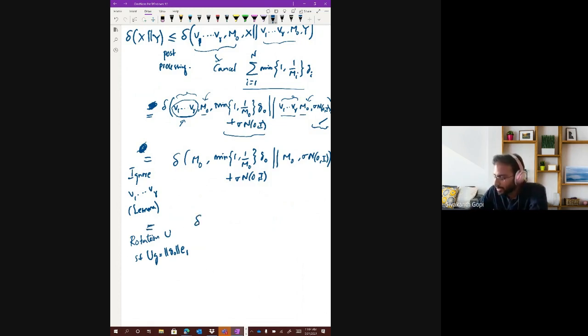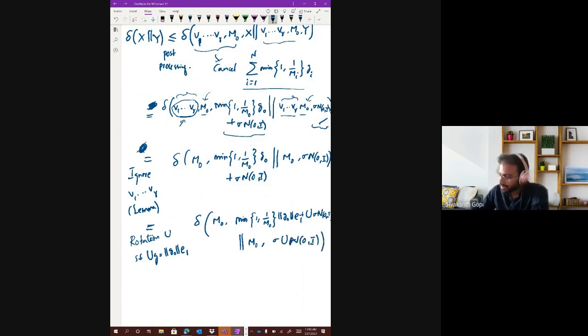This is again an equality because I'm applying a fixed map to both sides. So I'll get M0 here and min of 1 by M0 times the norm of G0 times E1, and M0, plus U times sigma N0i. And here you get U times sigma N0i.